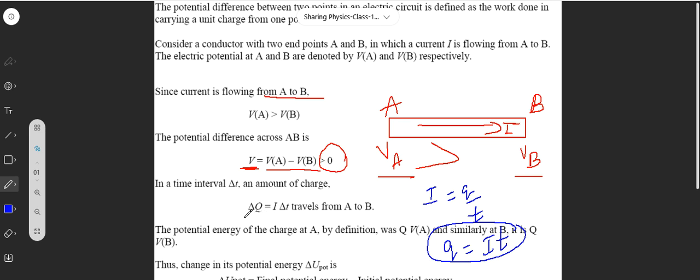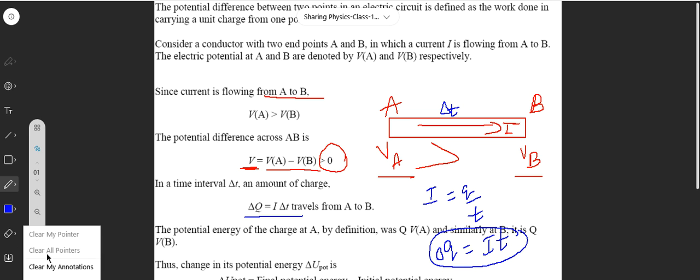Could you see this? The total amount of charge which is going to flow through it will be given by the current flowing through it in the given time. So the change in time, multiplied by the current, gives you the total amount of charge which flows through it. Could you get this? Am I making that clear?